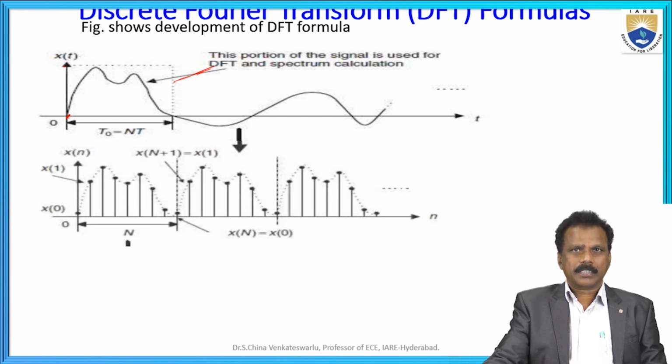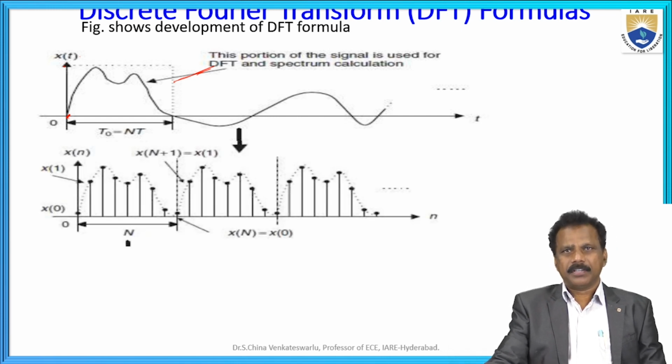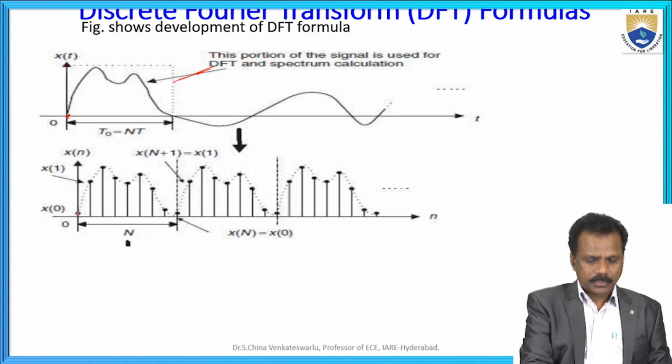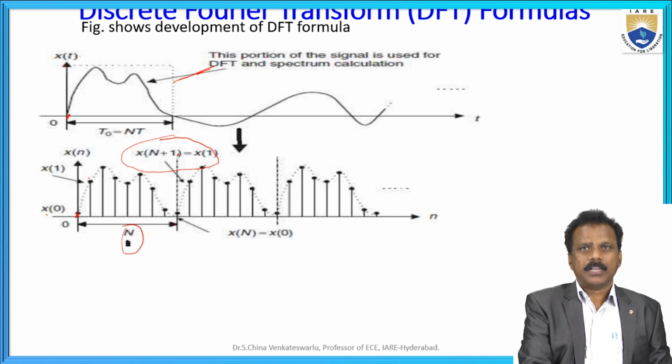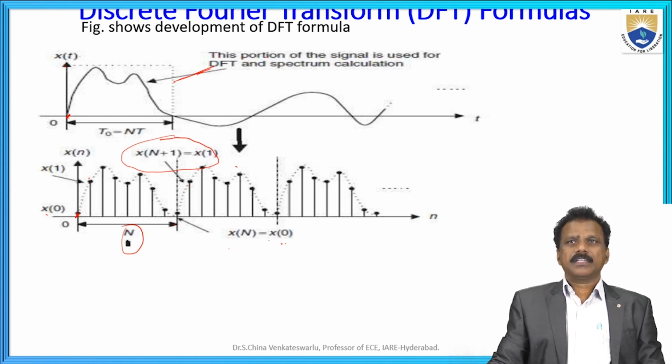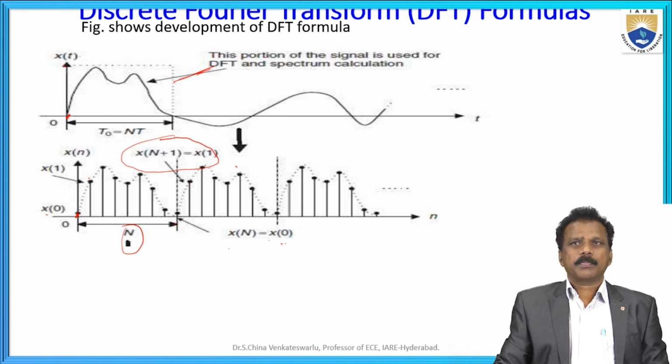The origin is 0, initially x of 0, x of 1 and up to x of N, this width is N. From here x of N plus 1 is equal to x of 1, and x of N is equal to x of 0. Like this, the portion of the signal is used for the DFT and spectrum calculation.